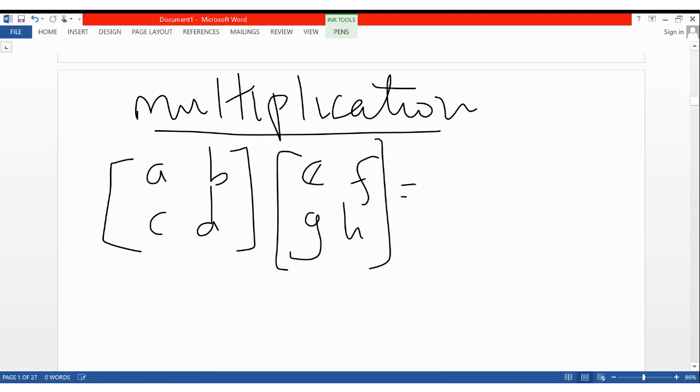This is what you normally do. We normally go along the row in the first matrix, and then we go down the column. You can see the ones in yellow, I'll multiply like that.